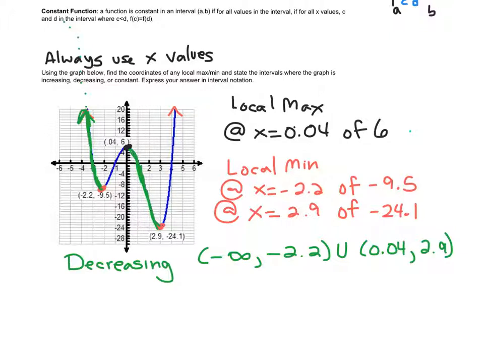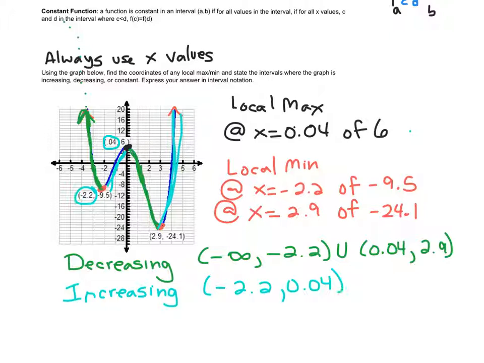All right, for the increasing part, you can see it increases in this area, and then it also increases in this area. So the increasing intervals, that first one, that little part, is going to start at negative 2.2 to 0.04. Again, we're going to make sure that we're only using the x values when we're listing our increasing and decreasing intervals.